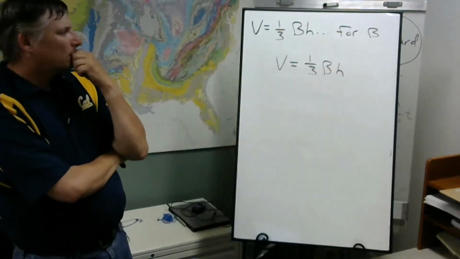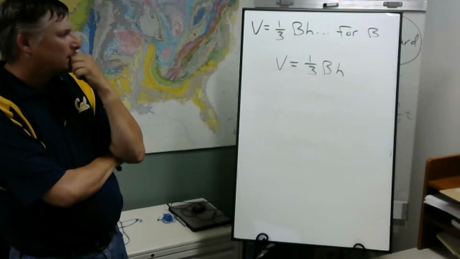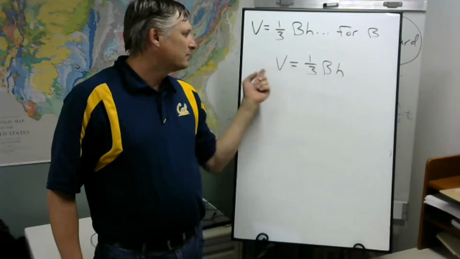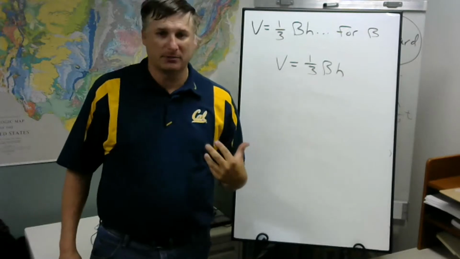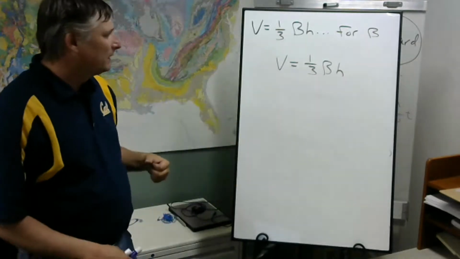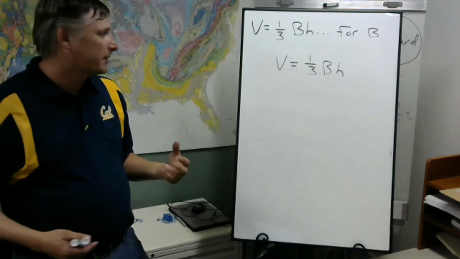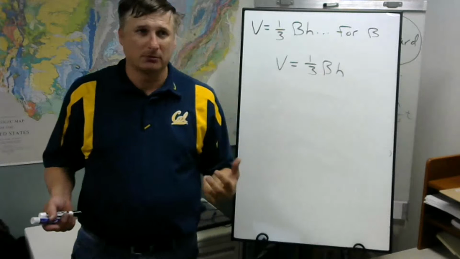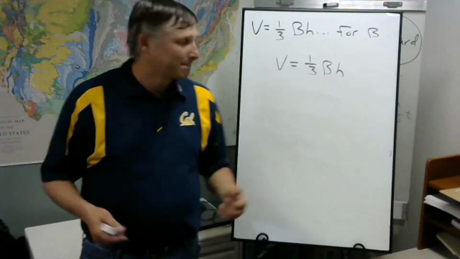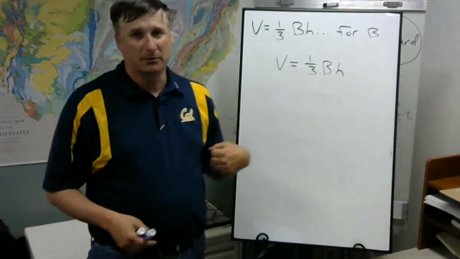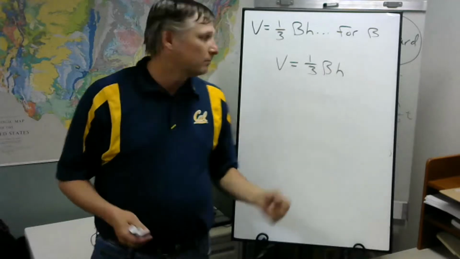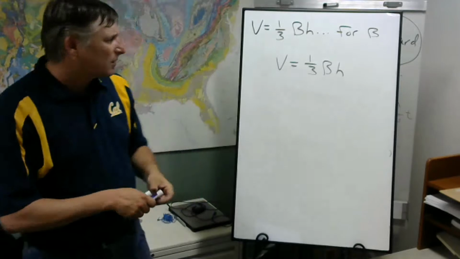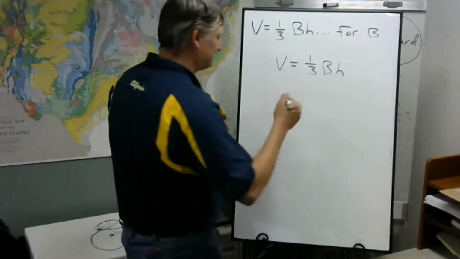Now, one thing you can do is, since we're multiplying by 1/3, we can divide both sides by 1/3, and that's perfectly fine. Or you can think of this another way. You can multiply 1/3 by its reciprocal, which is 3, or 3 over 1. And that also makes the 1/3 go away. But whatever you do, what you do to one side, you have to do to the other. So I'm going to multiply by the reciprocal.